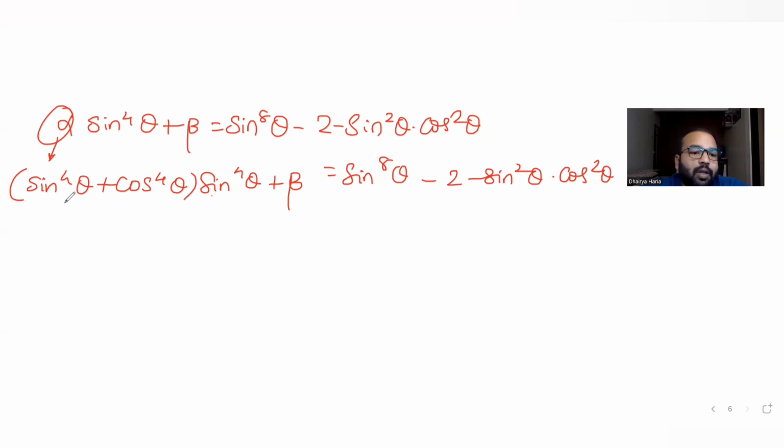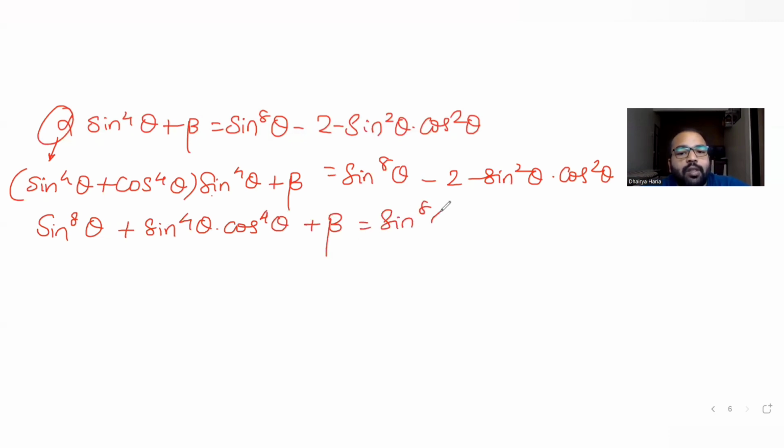Further, sine raised to 4 theta into sine raised to 4 theta becomes sine raised to 8 theta plus sine raised to 4 theta cos raised to 4 theta, plus beta is sine raised to 8 theta minus 2 minus sine square theta cos square theta.